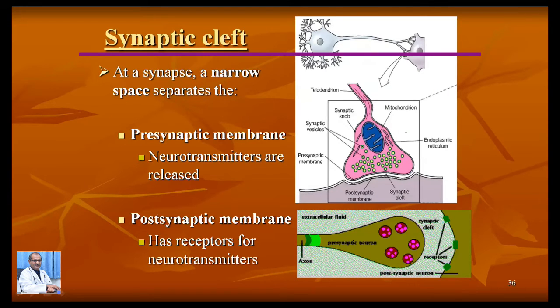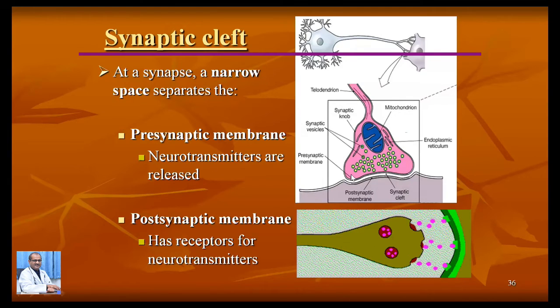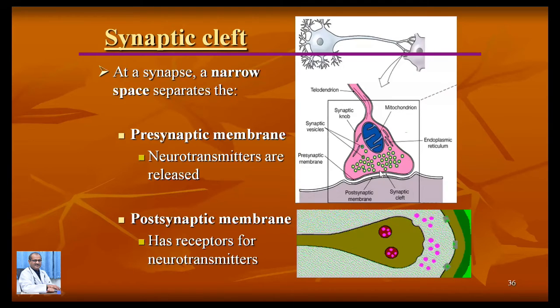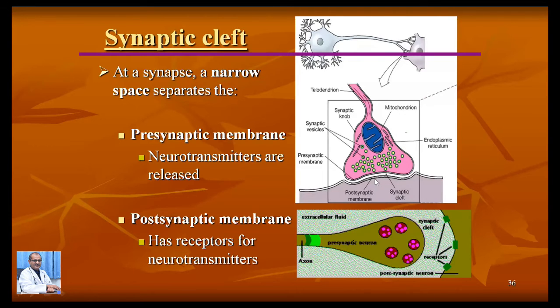What is a synaptic cleft? The synaptic cleft is the space which separates the presynaptic membrane, where the neurotransmitters are released, from the postsynaptic membrane. It is the gap or junction between two neurons or a neuron and an effector cell. The postsynaptic membrane has receptors for the neurotransmitters.